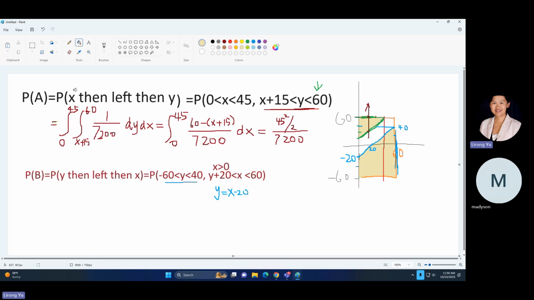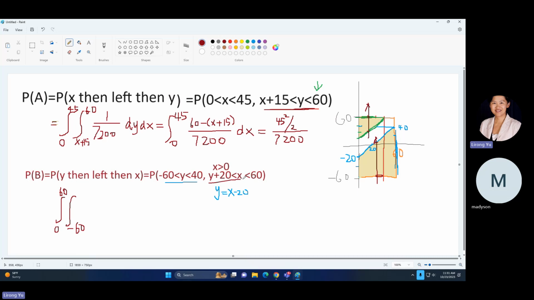All right, so how do we do this calculation? You would do, let's make it more visible, a double integral. The x value is from 0 to 60, and then the y value is from this lower boundary to that upper boundary. This is negative 60, so y is from negative 60 to this upper boundary.